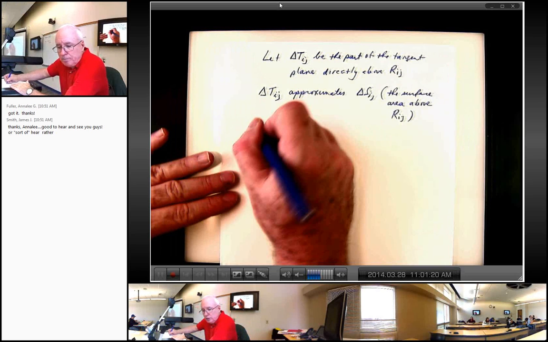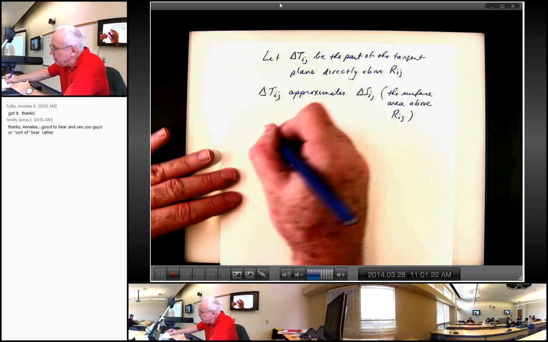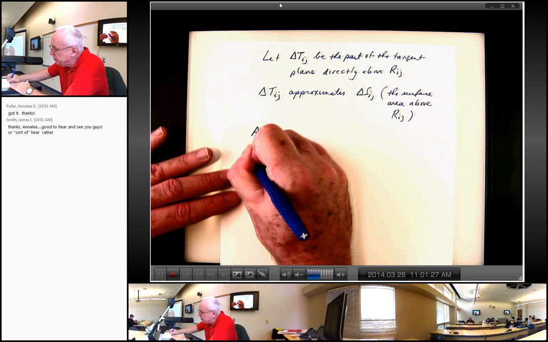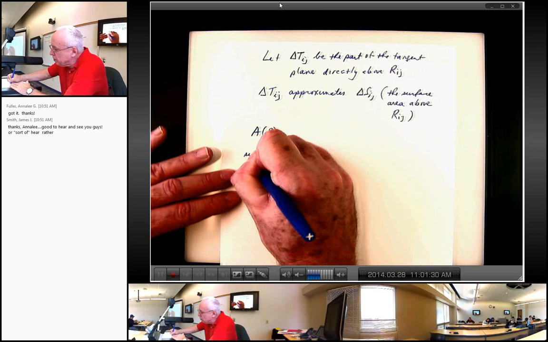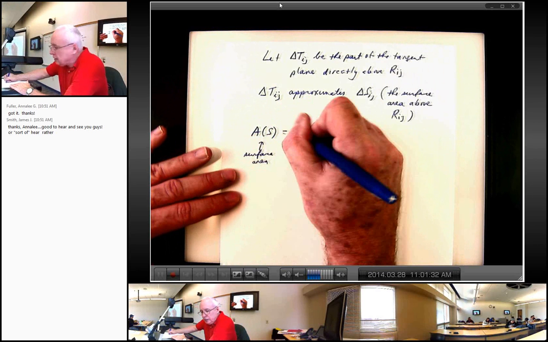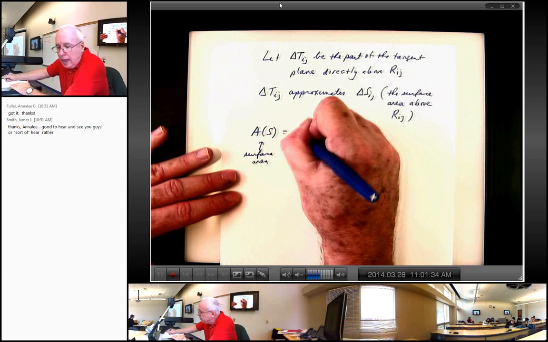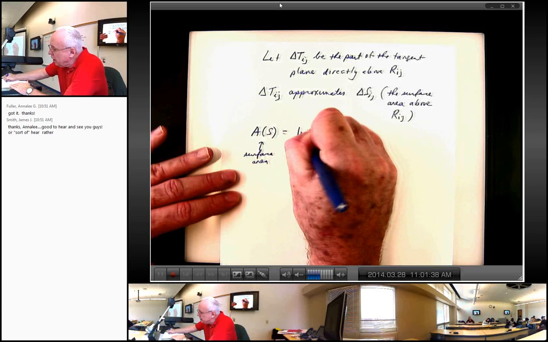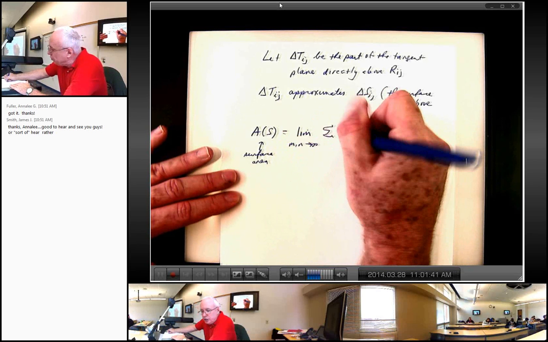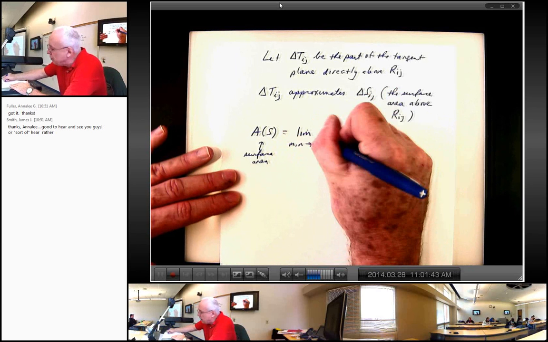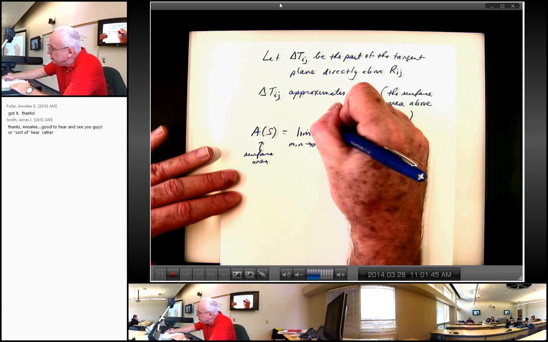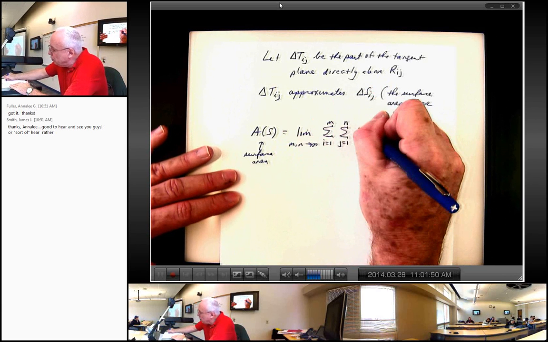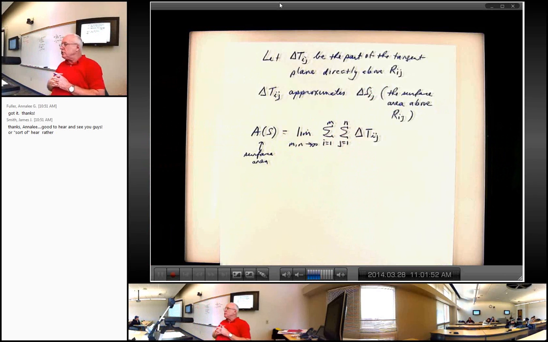Therefore, the surface area that we're looking for is going to be the limit as m and n go to infinity of this double summation over both of our indices, where i goes from 1 to m, j goes from 1 to n, and we're summing up all of those portions of the tangent plane.